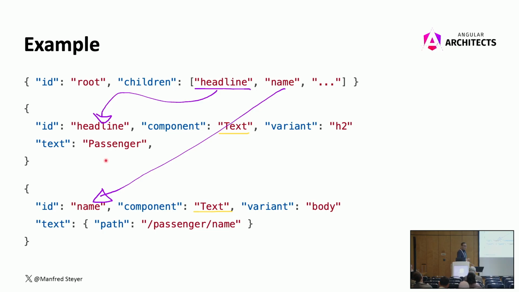Sometimes the text might be inline, hard-coded in this fragment here. And sometimes this text might be the result of a data binding. Look at this. How cool is that? The people at Google even baked data binding into this lightweight protocol.